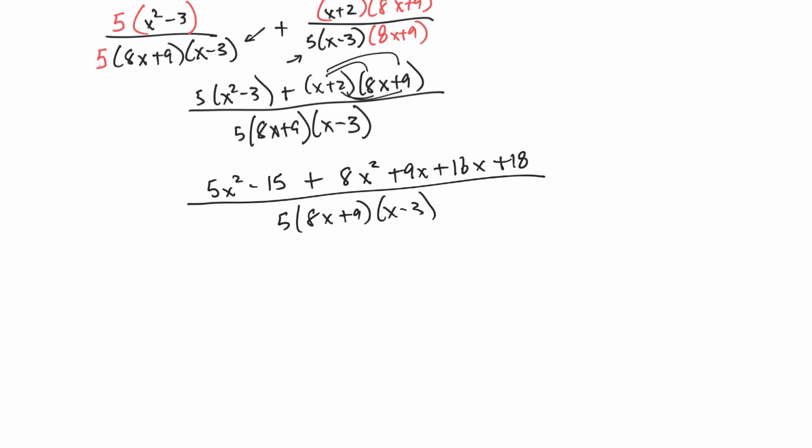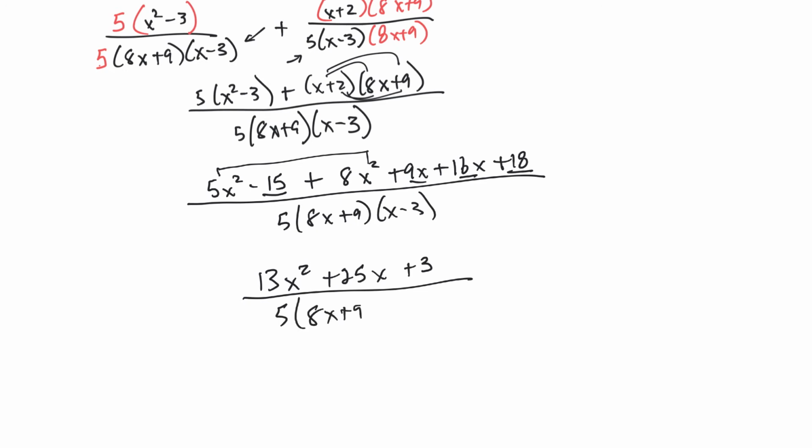And now I just have to simplify the top, so collect like terms. 5x squared and 8x squared would give me 13x squared. 9x and 16x would give me plus 25x. And then minus 15 and plus 18 would give me plus 3. All over 5 times 8x plus 9 times x minus 3.